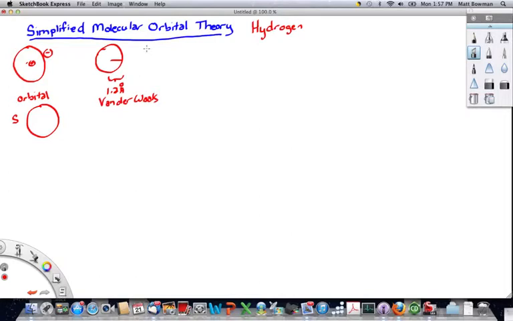And the reason it's very difficult for two hydrogen atoms to come together is you have basically these two electron clouds, which are both negatively charged, and negative charges have a tendency to repel each other. But here's the thing.